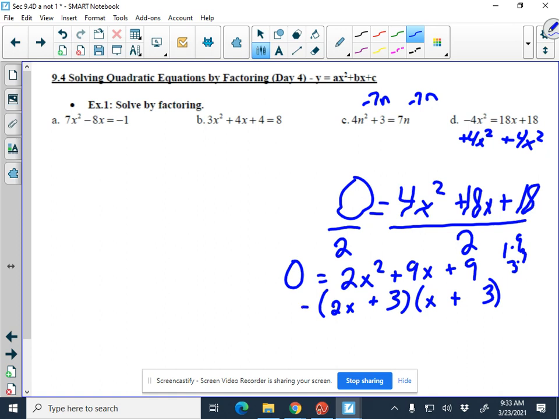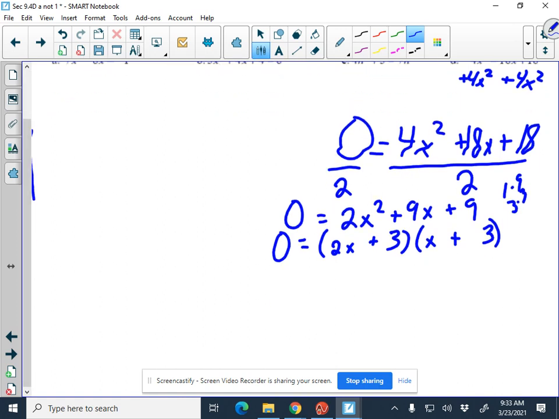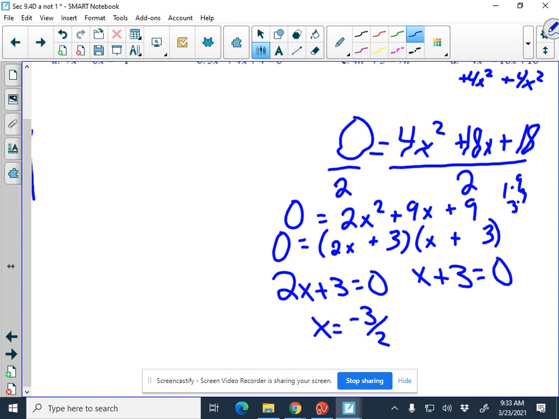Now, all that equals 0, so you set each of them equal to 0. -2, -3.